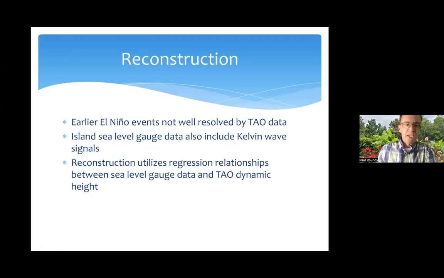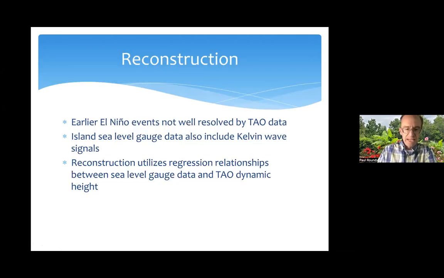Now here's another extreme. I'm going back in time to 1982. We don't have TAO data that go back that far, but we have island sea level gauge data that also include the Kelvin wave data. So I did a statistical reconstruction utilizing relationships between sea level gauge data and the TAO buoy data.